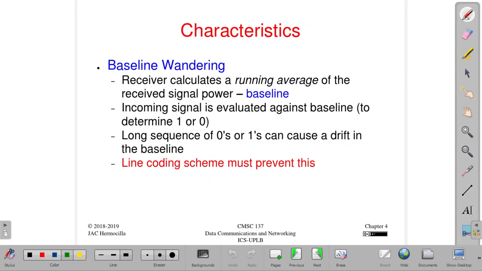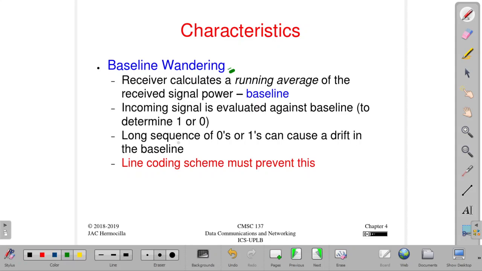Okay, let's talk about baseline wandering. These are just some important terms that we're going to use when we describe the different encoding techniques. The next term that we need to define is called baseline wandering.